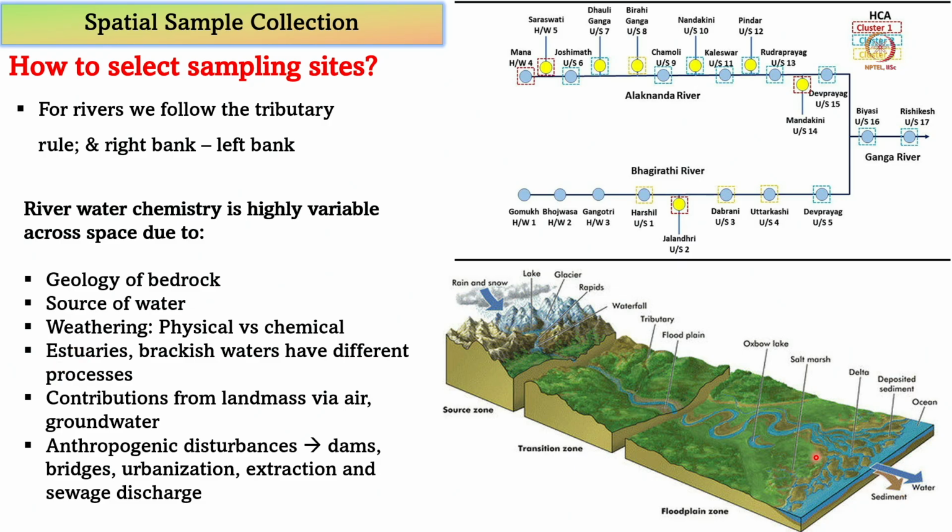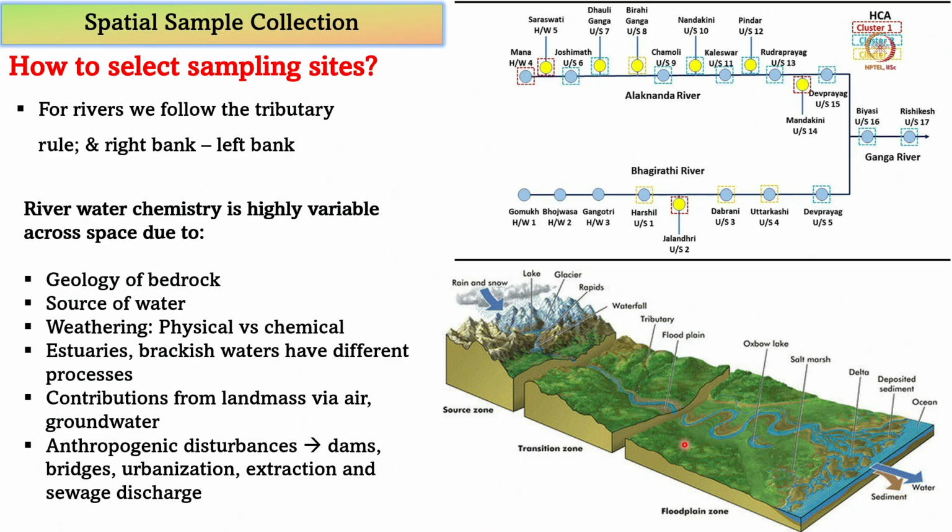So if you are sampling here, a whole lot of processes are acting. We will look more in detail when we are talking about brackish water processes and all. Contributions from land mass via air and groundwater. Now wherever there are stresses, like the groundwater is getting polluted there, or whenever the river is passing through a city where the air is polluted, right?